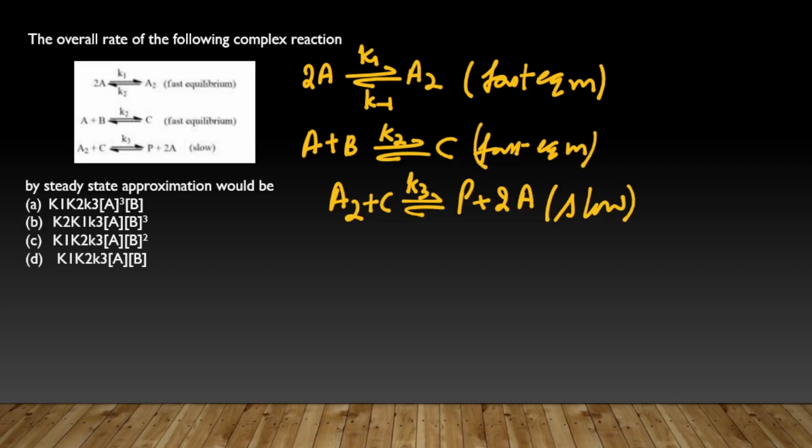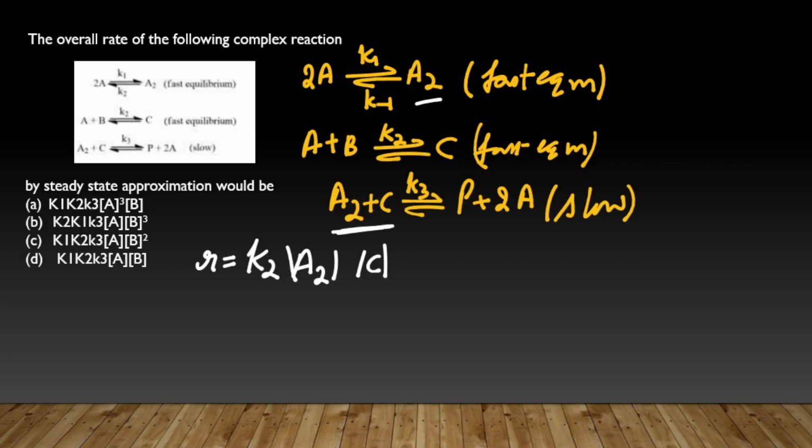So the rate of reaction depends upon the slowest step of the reaction. So rate will be K2 into the concentration terms, which are A2 and C, right? Now A2 and C, both are intermediates which are formed during the course of reaction and also consumed during the course of reaction. So these two are intermediates. Always the rate we write will be in terms of the reactants only.